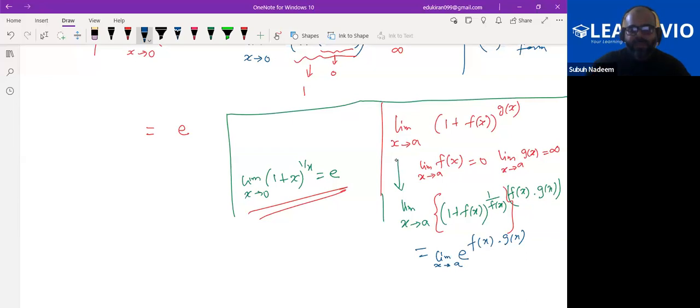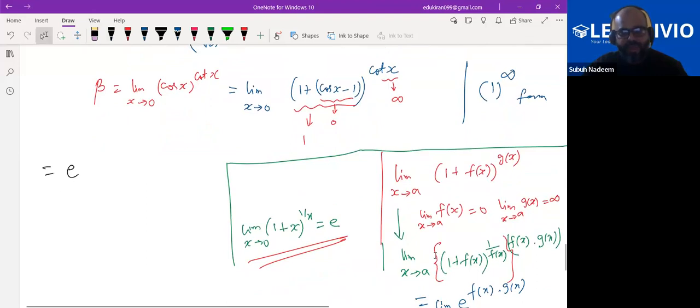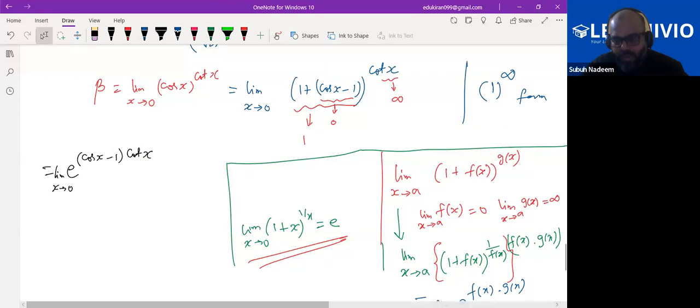So that means we have this one here: e to the power fx into gx. So fx is cos x minus 1 into gx is cot x, limit x approaching 0. So you can write it in here.